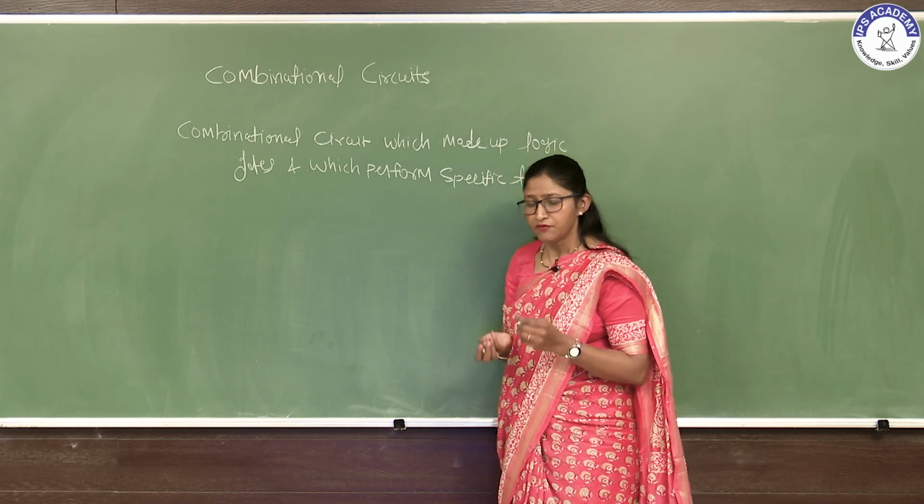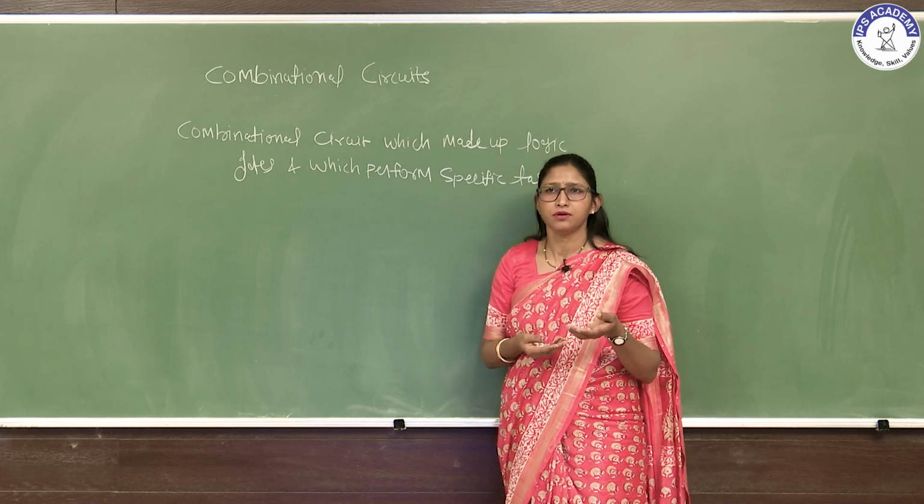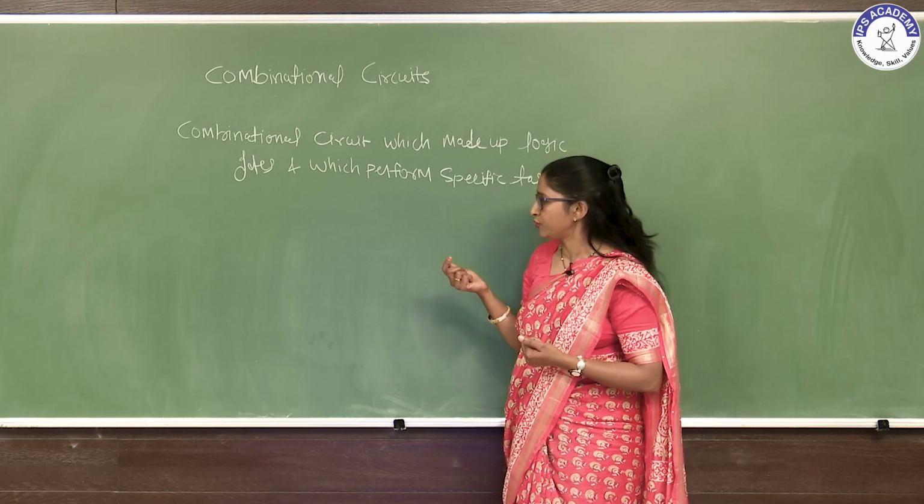So here we can also define the combinational circuit. Combinational circuit is a circuit which has n input variables and m output variables.